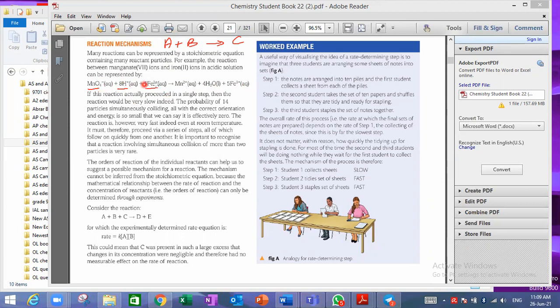Of course, this is an impossible situation. Impossible that we have here 14 substances or 14 species colliding together in the same moment in order to form the reaction. This couldn't happen.